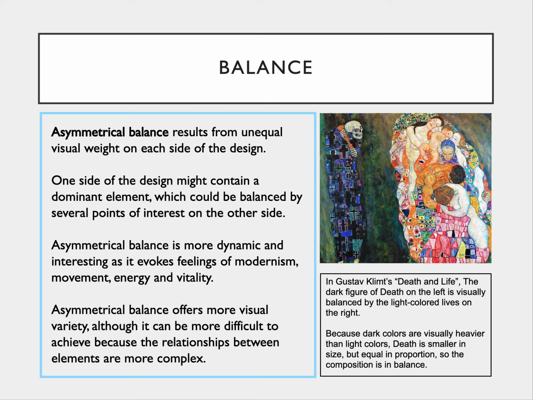The one on the right is lighter but bigger, therefore it balances out the one on the left that's smaller and darker. So one side may contain a more dominant element, which the element on the right is more dominant, but it is balanced out by what's on the left.